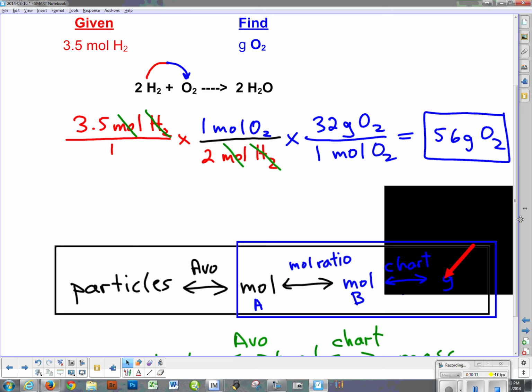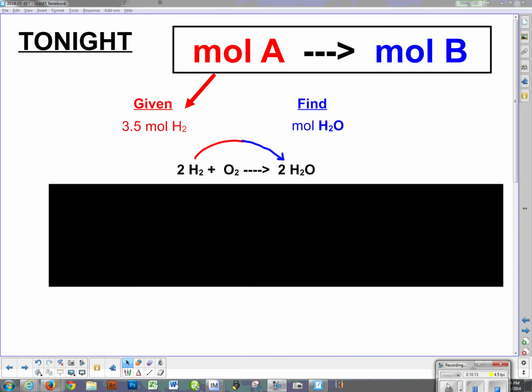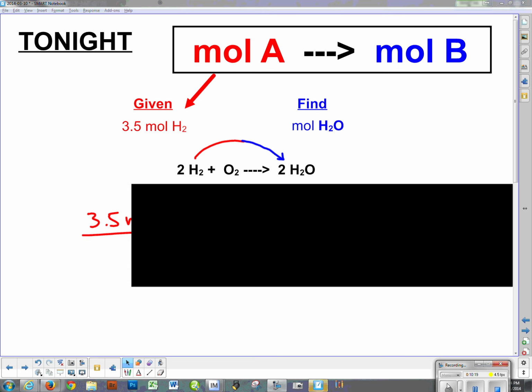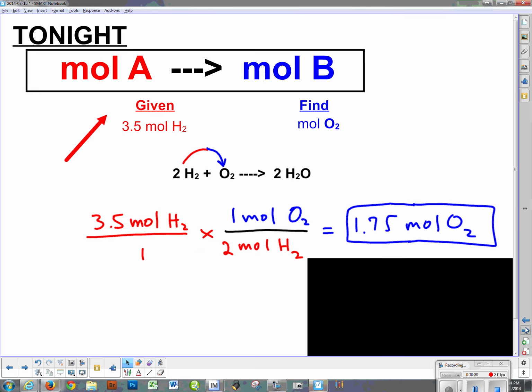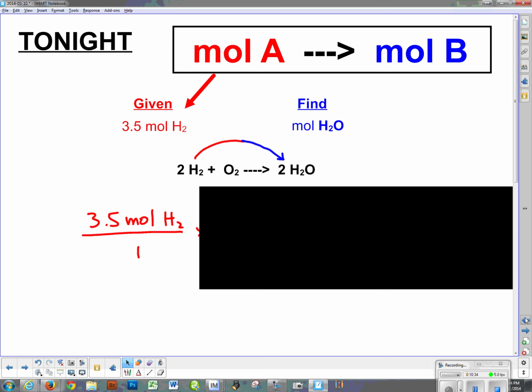Let's try another one. Let's go back and try another one of the first kind. Mole A to mole B. I've left the given the same in all of these because I want you to see what happens if we're asked to do different stuff. See, in this one, we were asked to do hydrogen to oxygen, and in this one, we're going hydrogen to water.